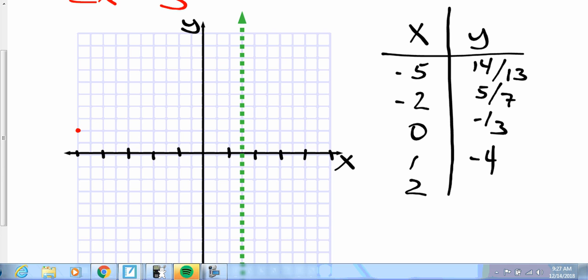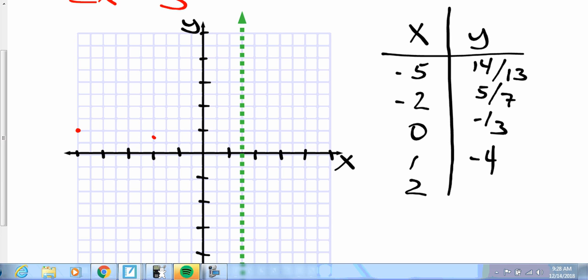So again, we're doing 1, 2, 3, 4, 5. 1, 2, 3, 4. Okay. So at -5 is 14/13. At -2, it was 5/7. So between a half and 1, right? So about right there. More than a half, but less than 1. At 0, it was -1/3.